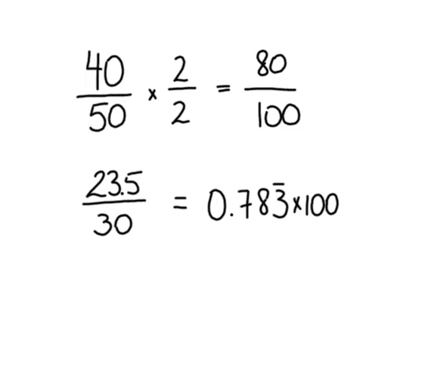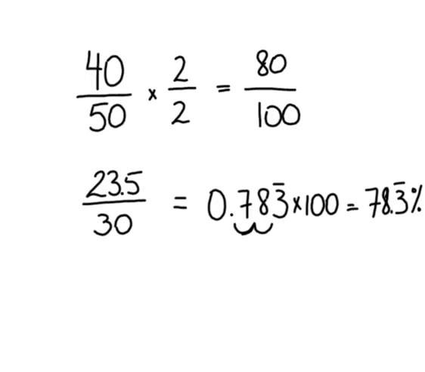And when you multiply that, we remember the trick where you can just move the decimal over 2 places because we're multiplying by 100, and your answer becomes 78.3 repeating percent. Generally, we would round there and it would just be 78.3% or 78%.